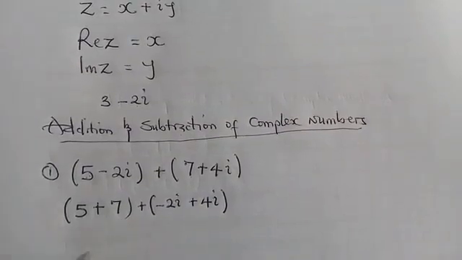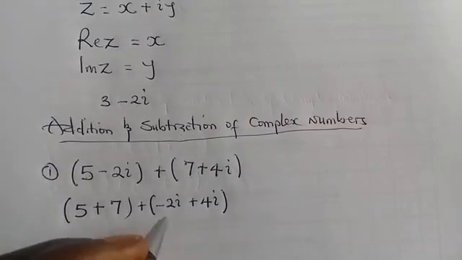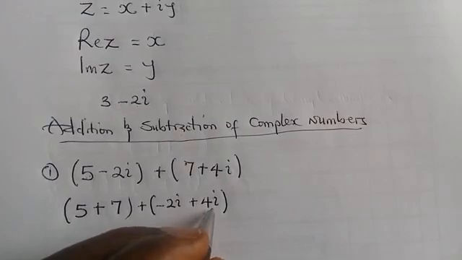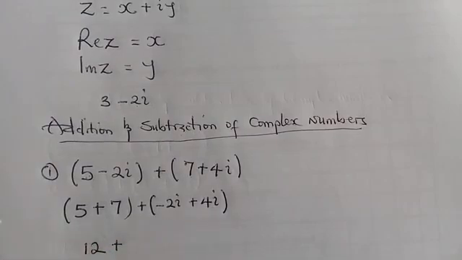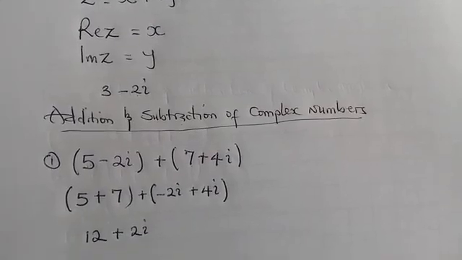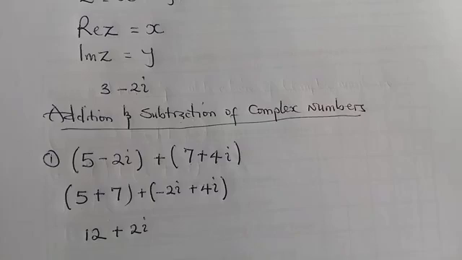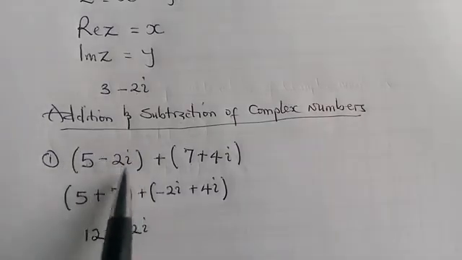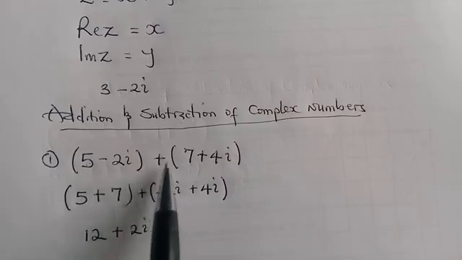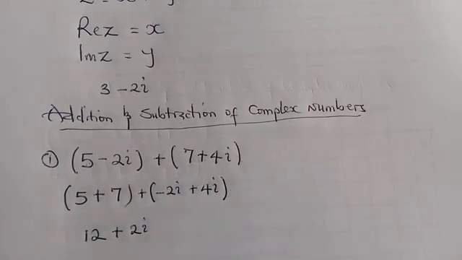That's equal to 5 plus 7 is 12, plus minus 2i plus 4i is equal to 2i. So we are going to have 2i as the sum of minus 2i and plus 4i. So the addition of these complex numbers, 5 minus 2i plus 7 plus 4i, is equal to 12 plus 2i.